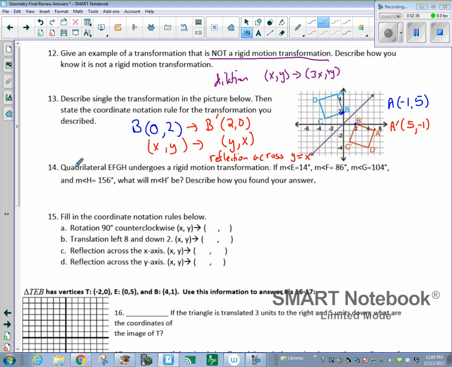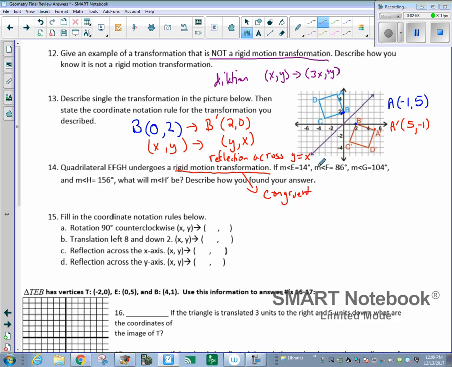For number 14 here, they gave us a rigid motion transformation. When you hear the words rigid motion transformation, what you need to understand is that the shapes are congruent. When they are congruent, everything about them will be exactly the same. It doesn't matter where the shape ends up.